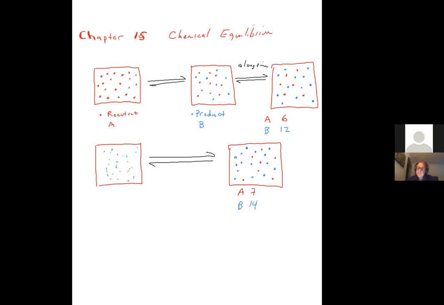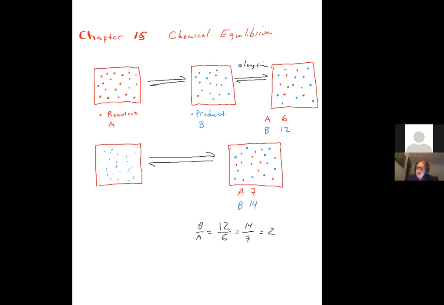See, the ratio is the same. 12 to 6, B to A, is the same as 14 to 7, which is 2, right?